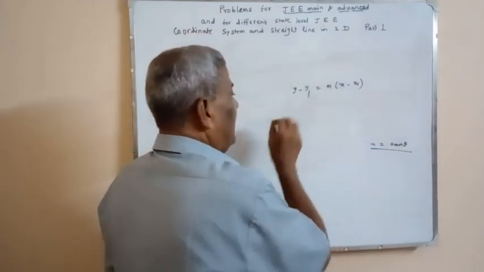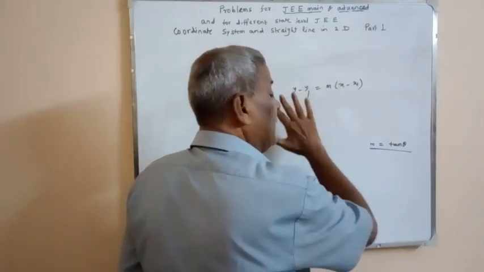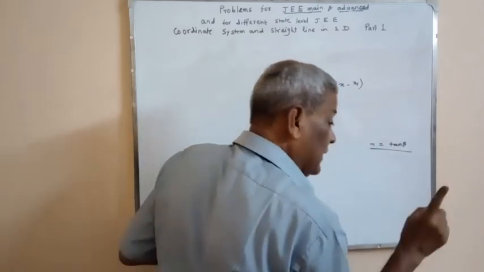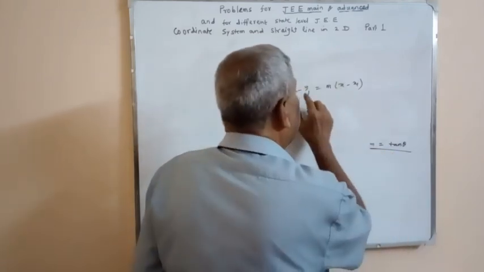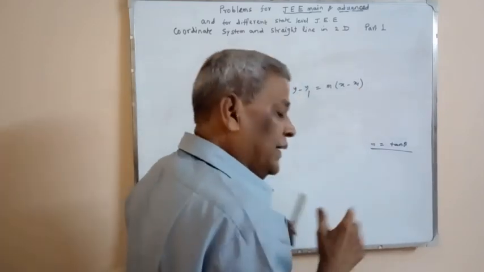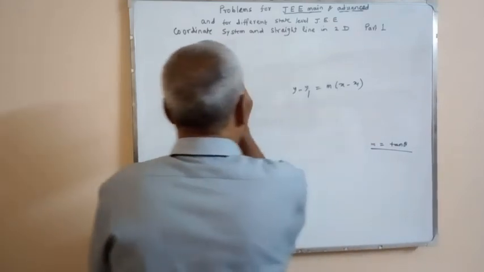Mind that here it is a linear equation involving x and y. M is constant, which is gradient of the straight line, and x1, y1 is the known point it passes through, like that.